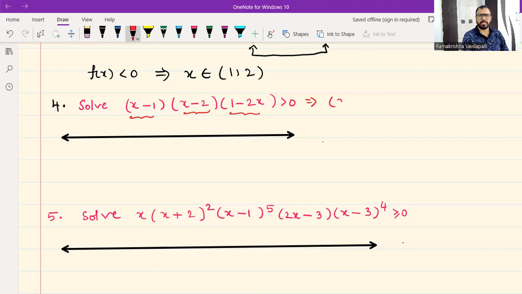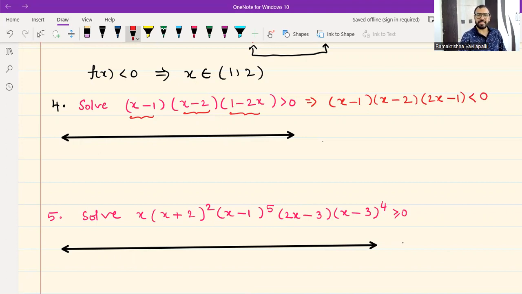So here this is x minus 1. First one remains same. Second one remains same. Third one, 2x minus 1. When you are multiplying by negative 1, the inequality will be reversed. So this is reversed, right?